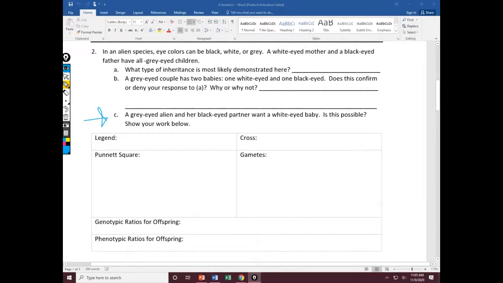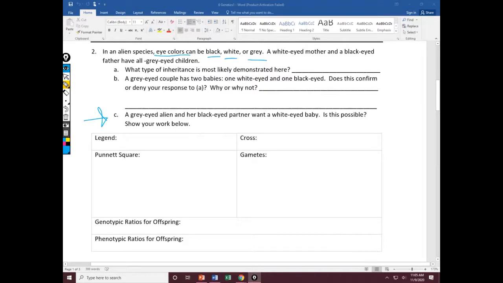So let's look at this as if we've been given this as a test question. How would I know that this was incomplete dominance? When I'm looking at the list of phenotypes I've been given, I note that I have 1, 2, 3 different phenotypes.